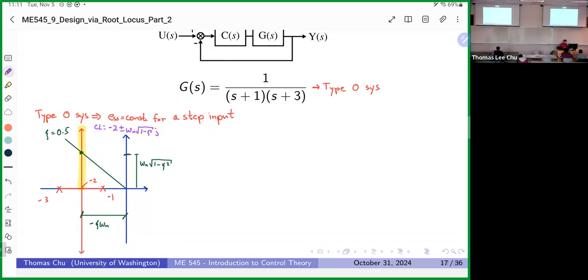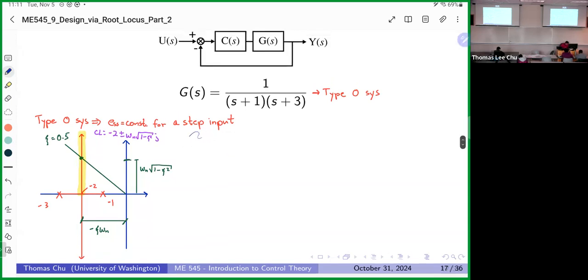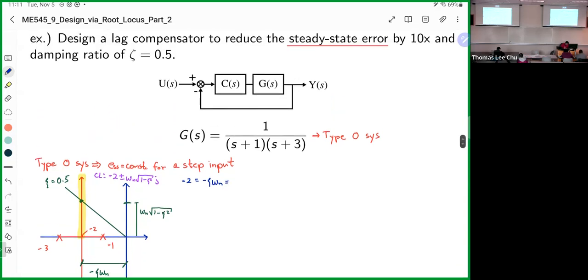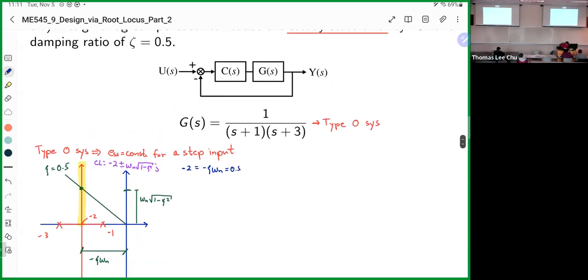It doesn't deviate away from this point. So -2 is equal to minus zeta omega n, and zeta is given to be 0.5. So minus 0.5 omega n, then we find that omega n is equal to 4 radians per second.